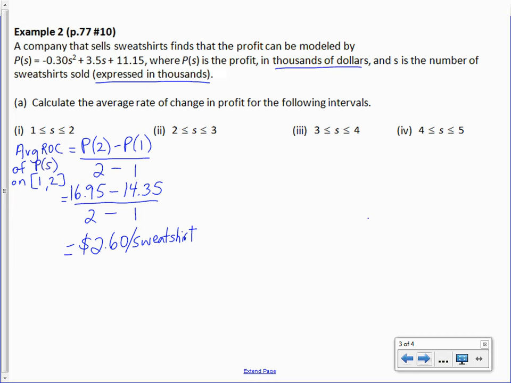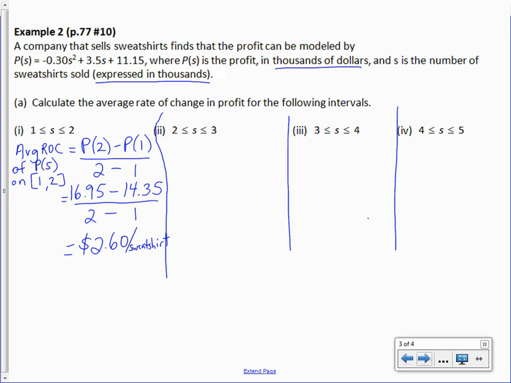Let me write a lot tinier. Sweatshirt. Okay, so then basically you're going to repeat this process to get the other rates of change.